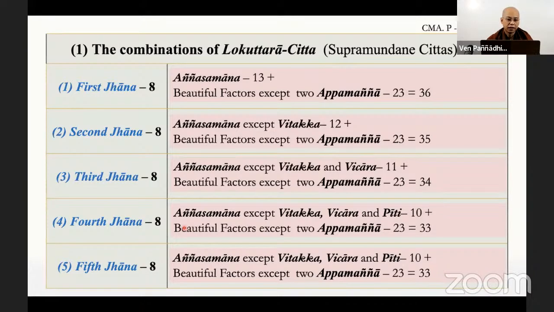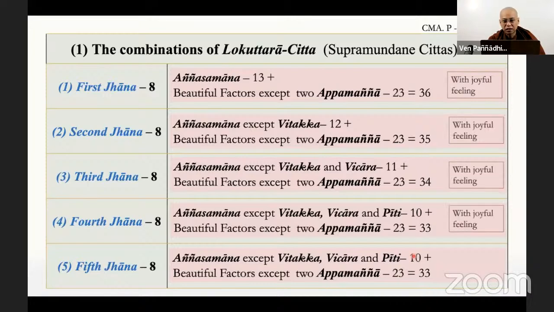In the 5th jhana, upekkha vedana, the equanimity feeling. Both numbers are the same, but the difference is the feeling. So now you see that if you can keep this information in mind, the Lokuttara enumeration is easy. So let's continue.